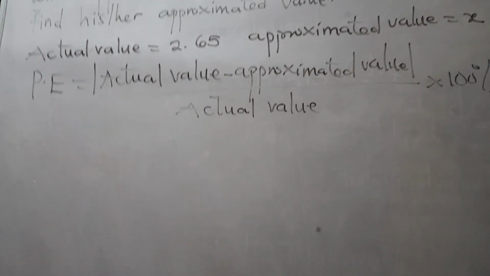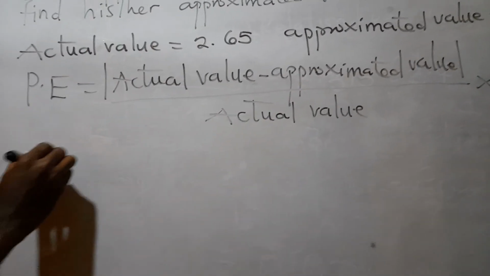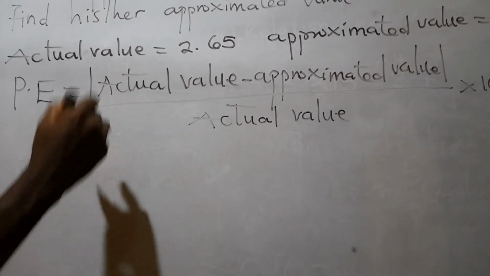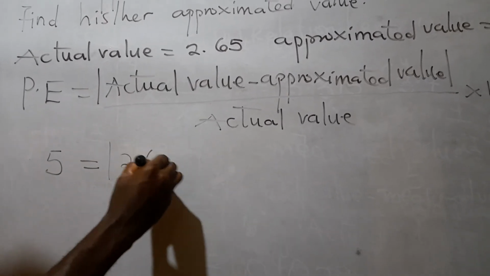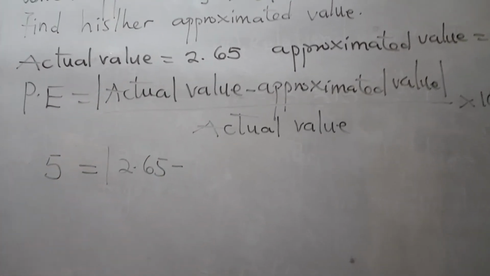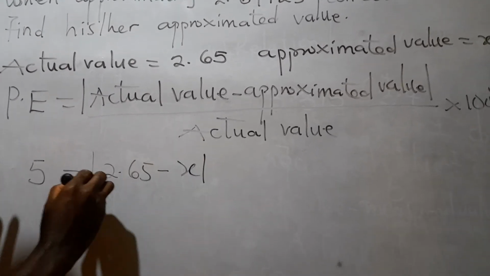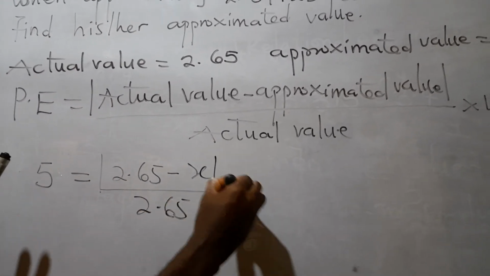So how do we do this? Remember, the percentage error is 5%. So we can say 5 is equal to the absolute value of the actual value, which is 2.65, minus the student's approximated value, which we don't know, so x, over the actual value, which is 2.65, times 100%.